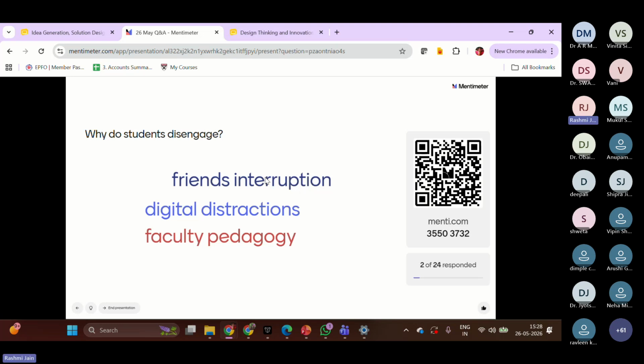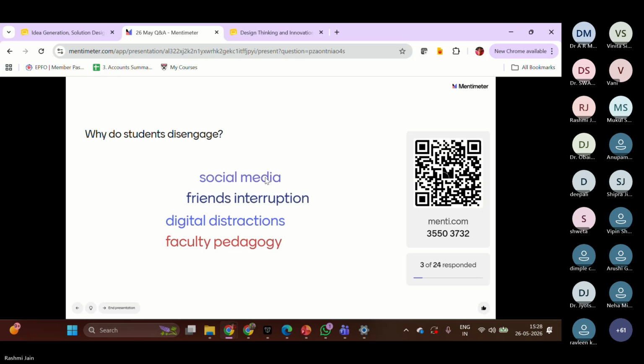Digital distractions, yeah, mobile phones, etc. Social media. So try to get into the empathizing mode. Don't think like a faculty, think like a student. So why do they disengage?